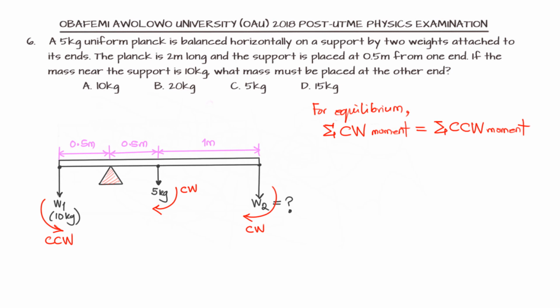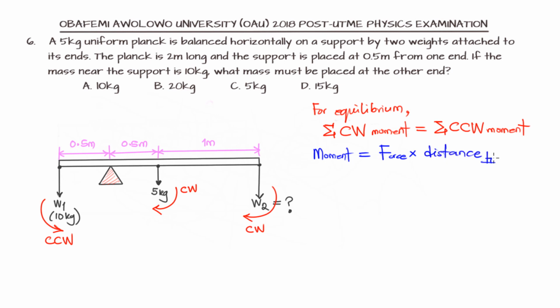So if we use this and plug into the formula for the moment, we should be able to find the value of the second weight. So what is the formula for the moment? The moment is given as force multiplied by the perpendicular distance to the force.